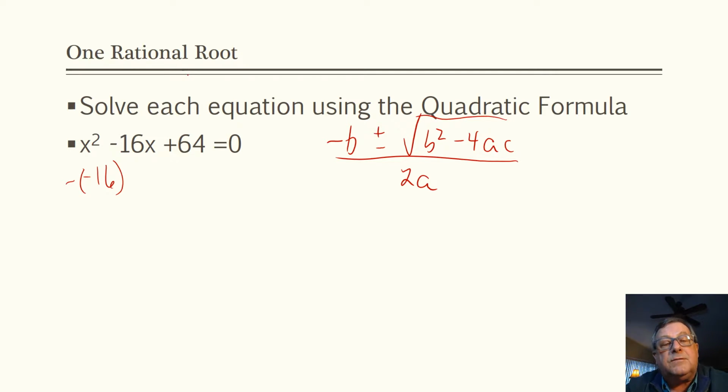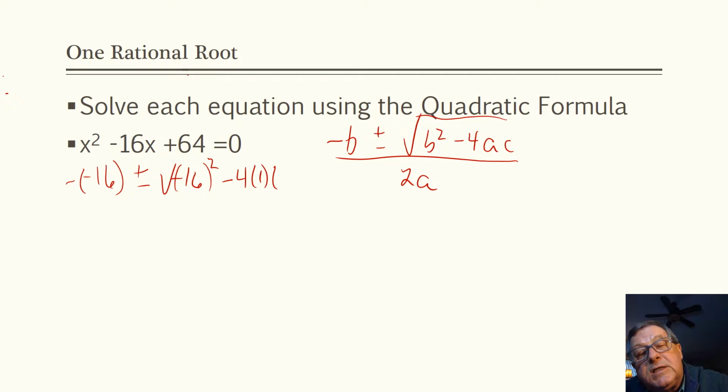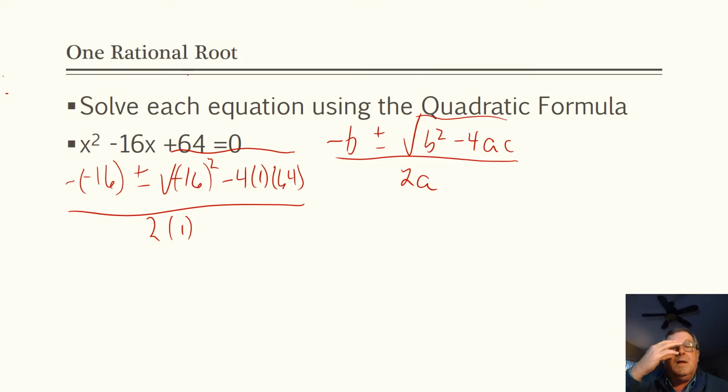That's going to become positive 16 plus or minus the square root of negative 16, in parentheses, squared, minus 4 times a, and a is 1, times c, and c is 64, square root of that, over 2 times a, which is 1.